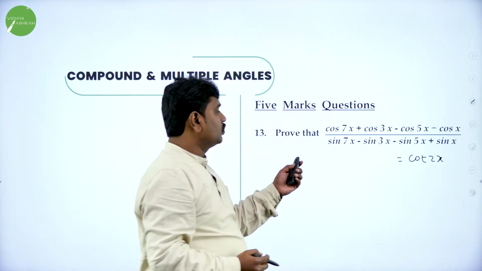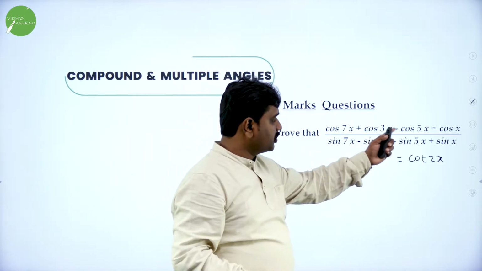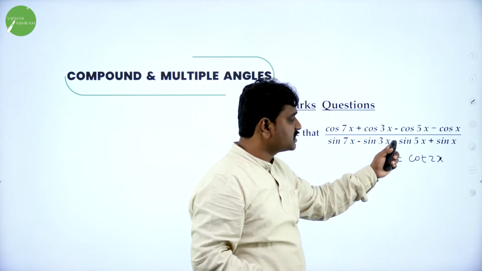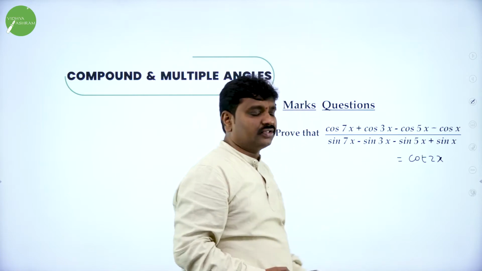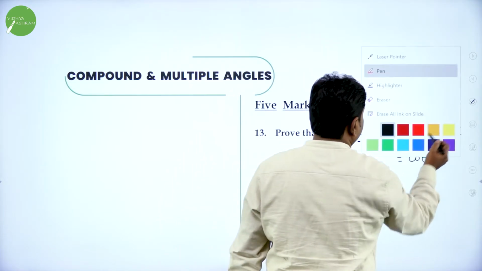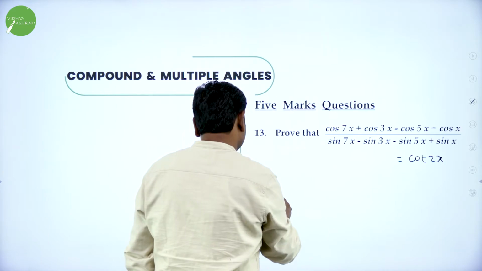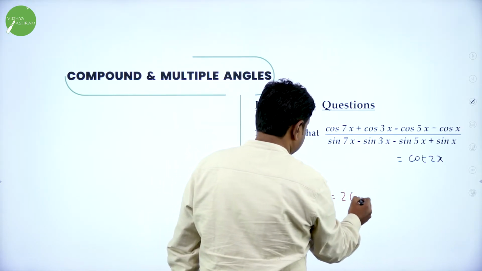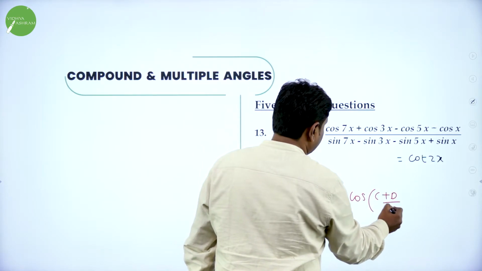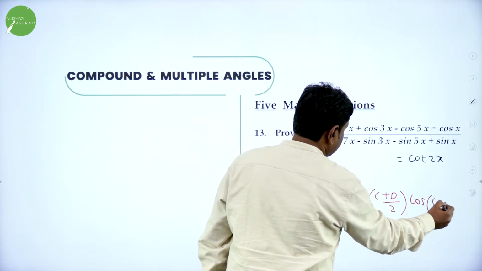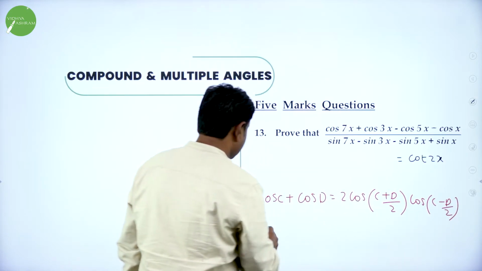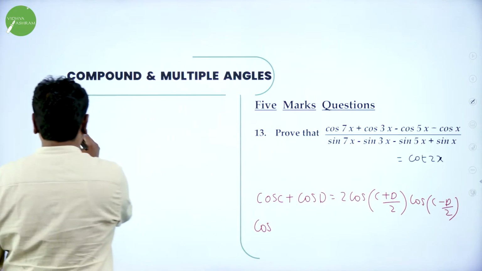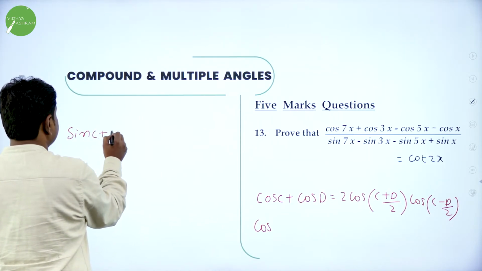They want you to prove that cos 7x plus cos 3x minus cos 5x minus cos x, by sin 7x minus sin 3x minus sin 5x plus sin x, is cot 2x. So for this we repeatedly use two formulae. One is cos C plus cos D. What is cos C plus cos D? 2 cos (C plus D)/2 into cos (C minus D)/2. The others are sin C plus sin D. What is sin C plus sin D?